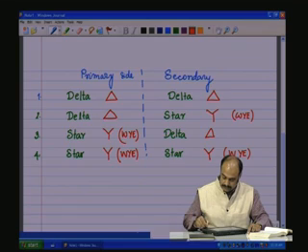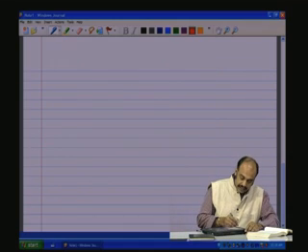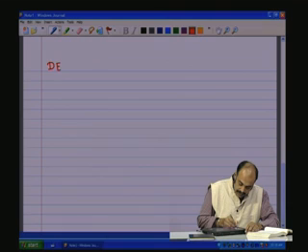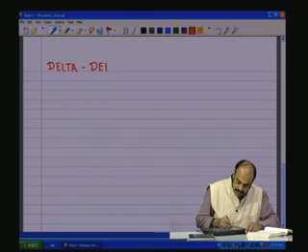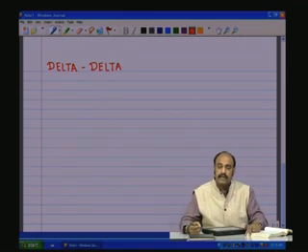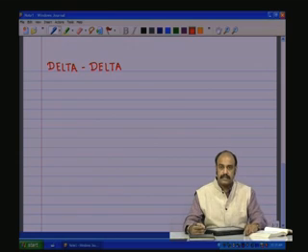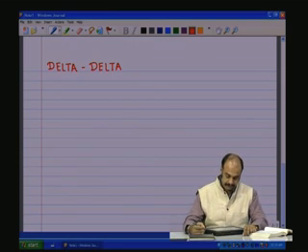topological connections. So, first let us say we make the connection as delta-delta, which means that the primary windings AP, BP, CP are connected in delta, and the secondary windings AS, BS, CS are also connected in delta.